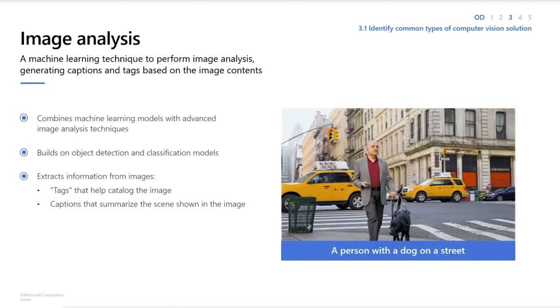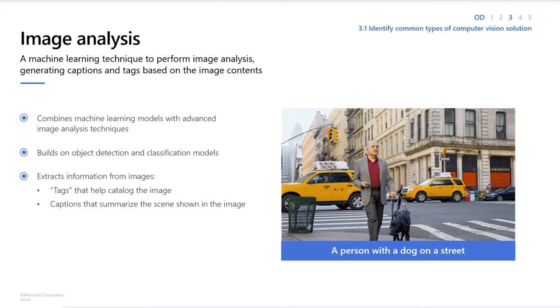Let's go ahead and explore image analysis. Now, a machine learning technique that performs image analysis, what it does is it's generating captions and tags based on the image contents. Now, this creates solutions that combine machine learning models with advanced image analysis techniques that help you extract information from images.